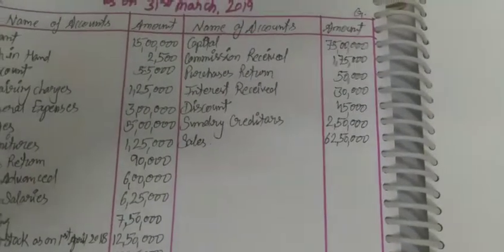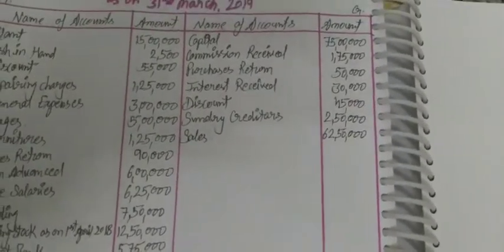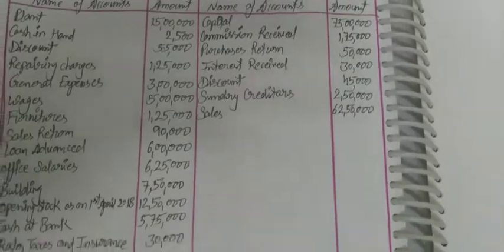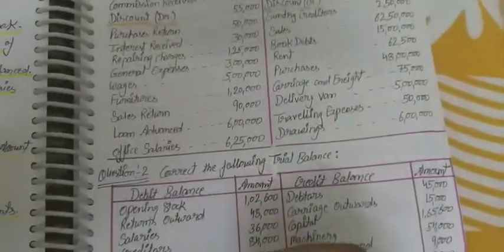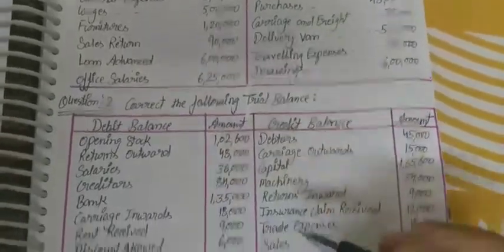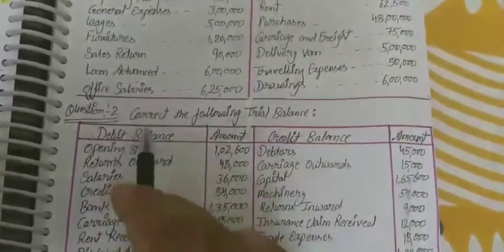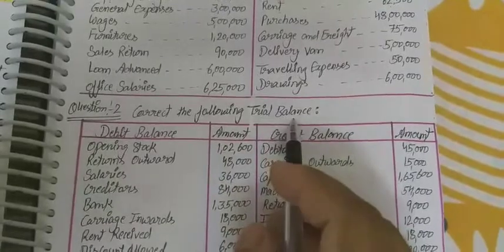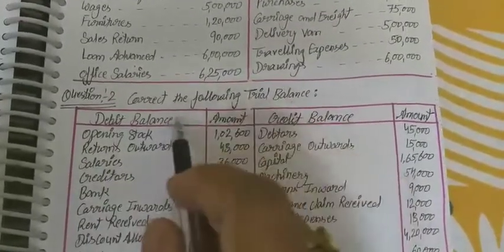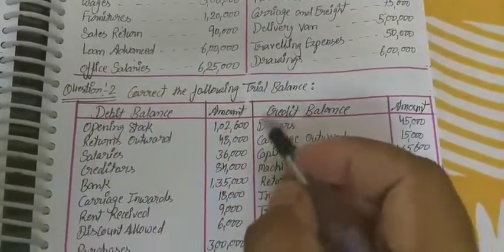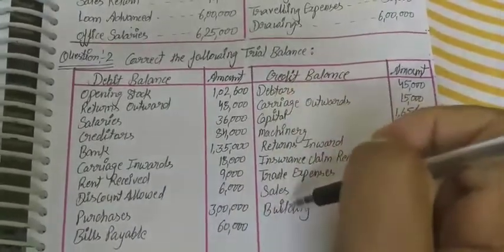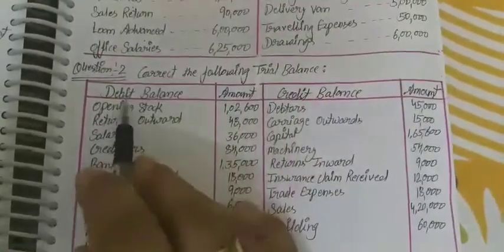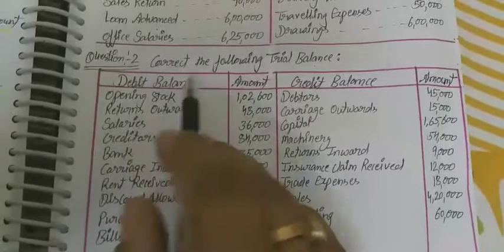Okay, so now students, let's see the second question, the solution of second question. Correct the following trial balance. If I am talking about this question, here we can see there is a debit balance.